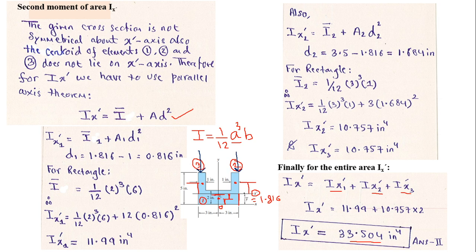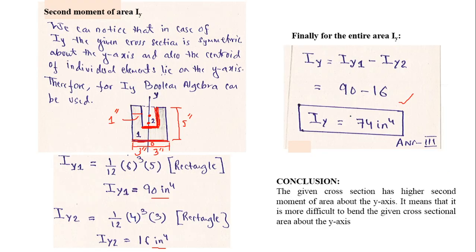But if this same cross section is loaded in this direction, then these horizontal loads will try to bend the cross section about the y-axis, and in that case the resistance will be larger. It is 74 because the second moment of area is 74 inch^4 about the y-axis.